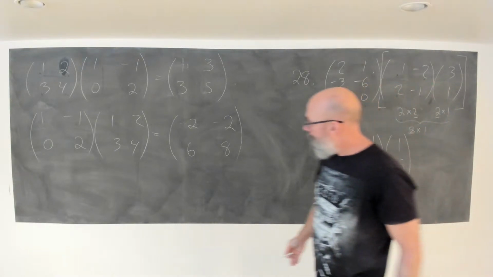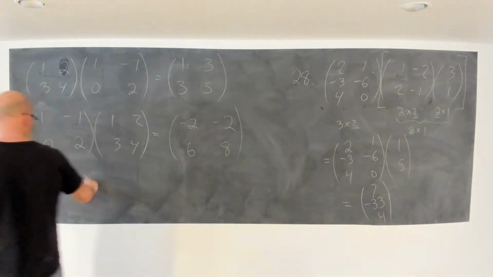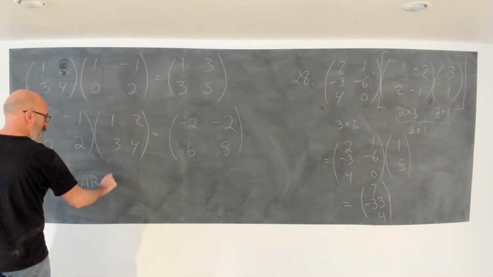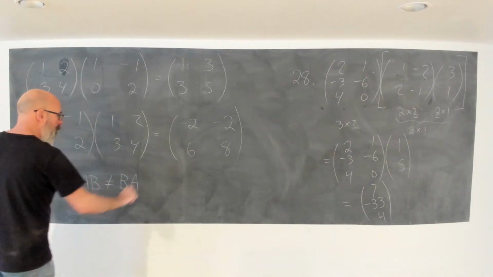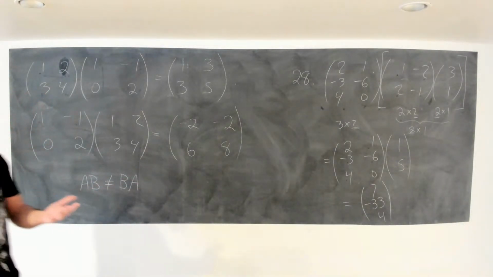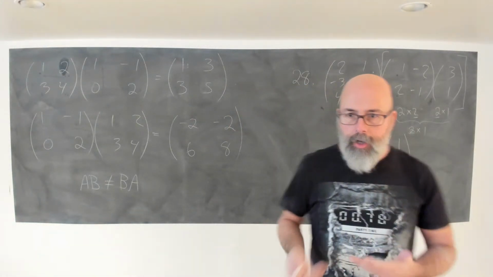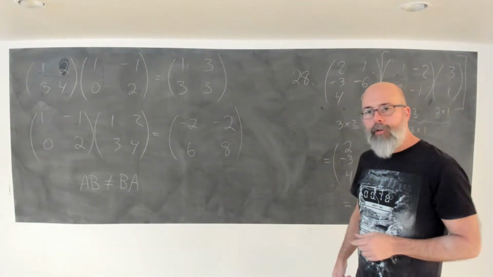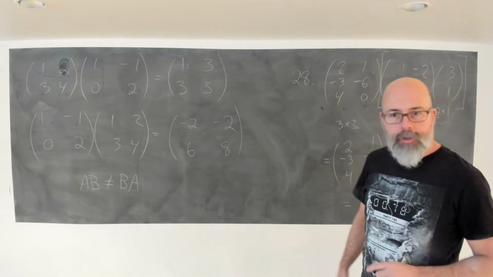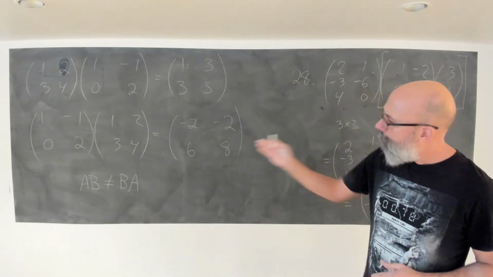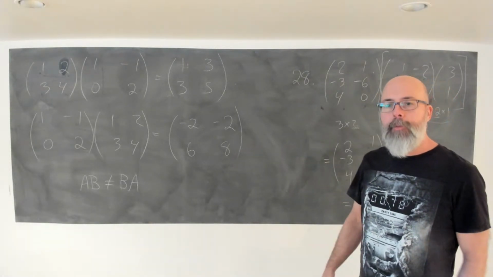In general, multiplication is not commutative. You know that in the real numbers, it doesn't matter how you multiply the numbers together. 2 times 3 is the same as 3 times 2. Not so in matrices.